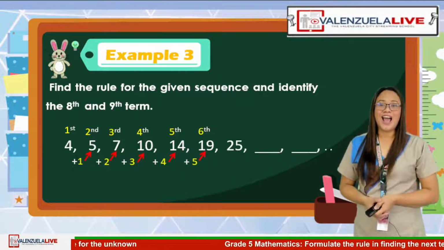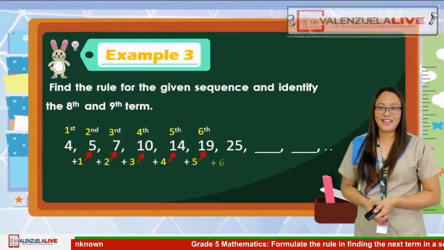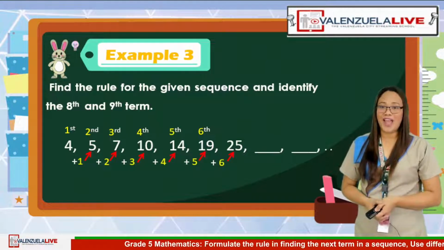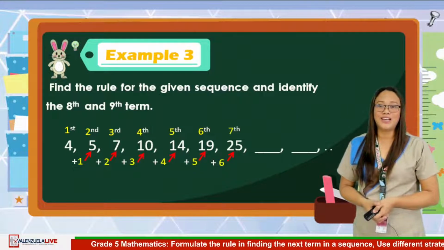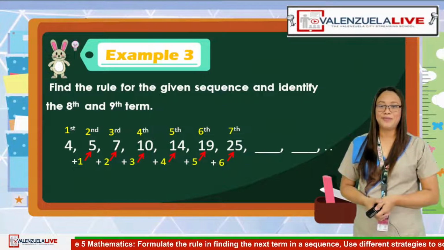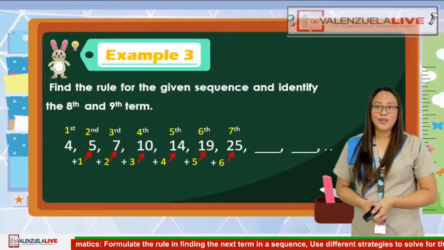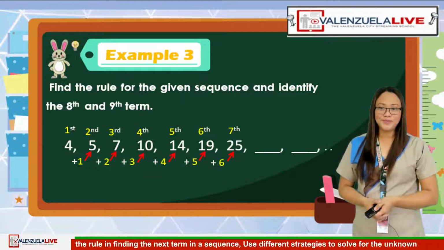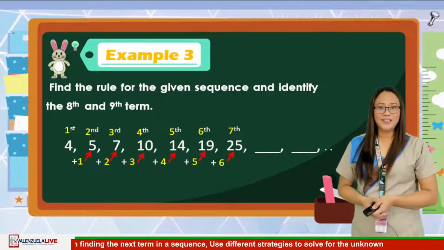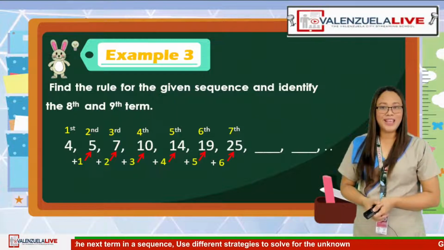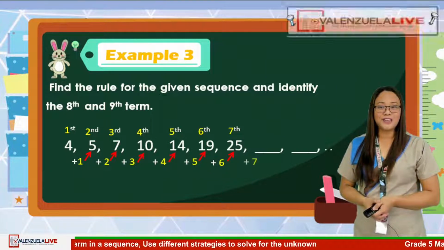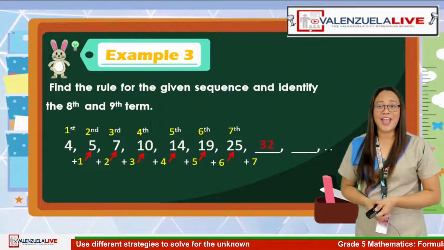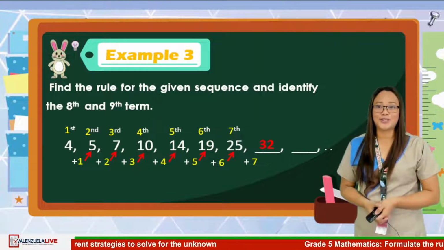You have to add 6 to 19 to give you 25. And that will be our seventh term. Okay, now, do you know how to get the eighth term? Very good. What we are going to do is add 25 plus 7 to get the eighth term, which is 32.